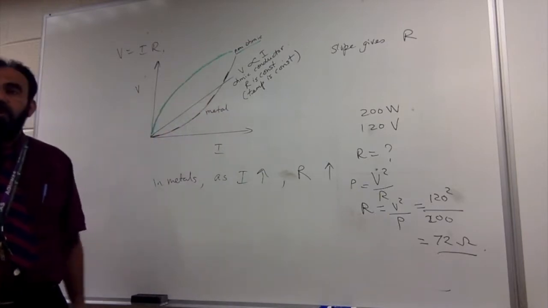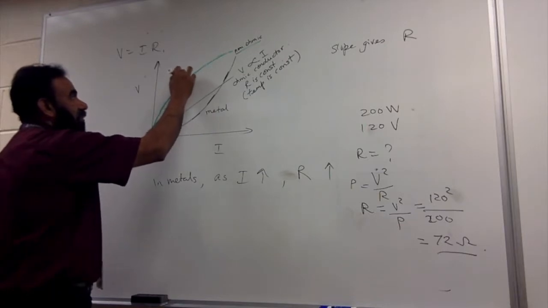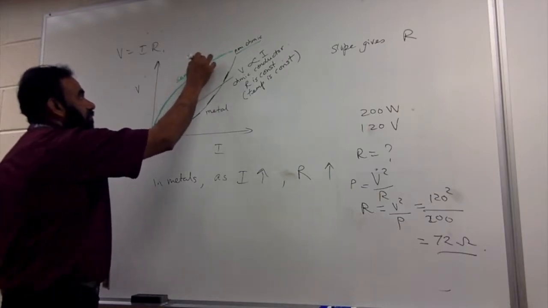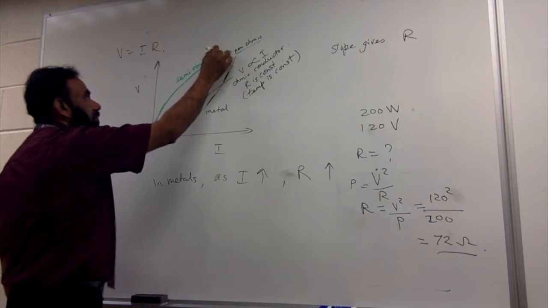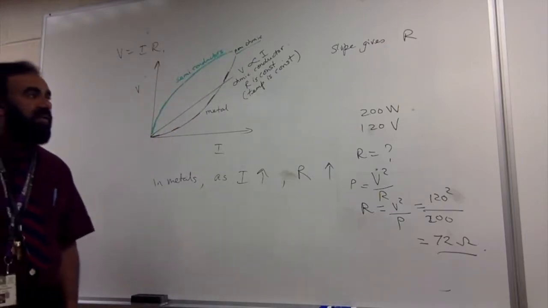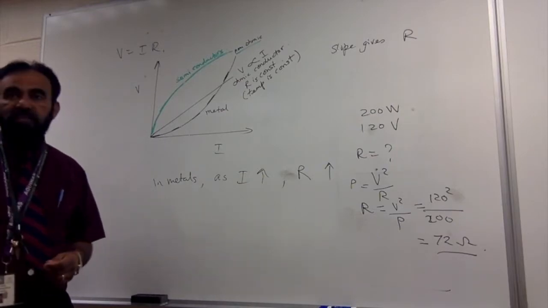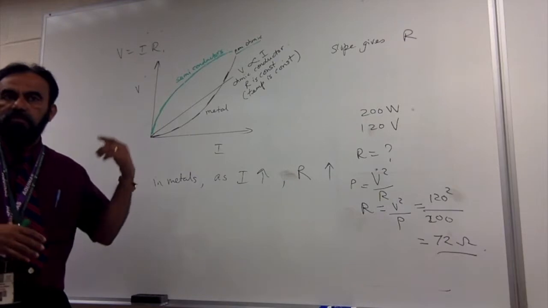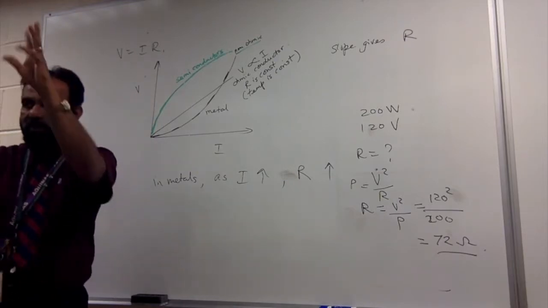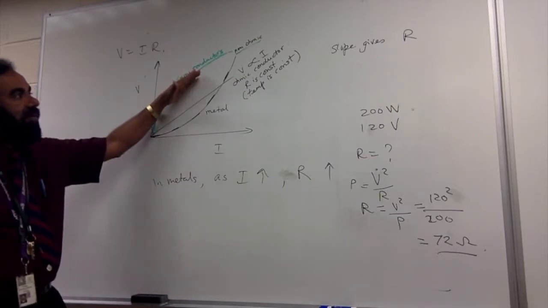This is also called non-ohmic, and it is not a metal, it's a non-metal. Semiconductors, for example. So in semiconductors, like graphite, carbon, silicon, germanium, all that on the periodic table, which are considered kind of non-metals.